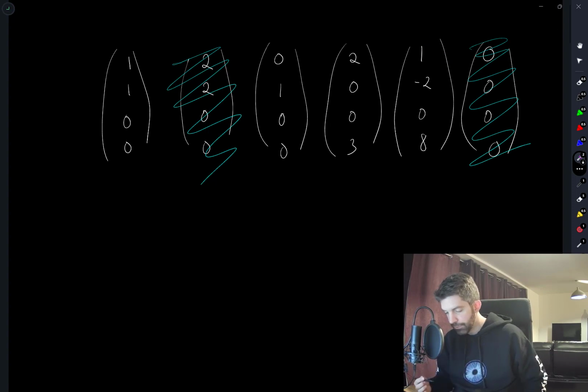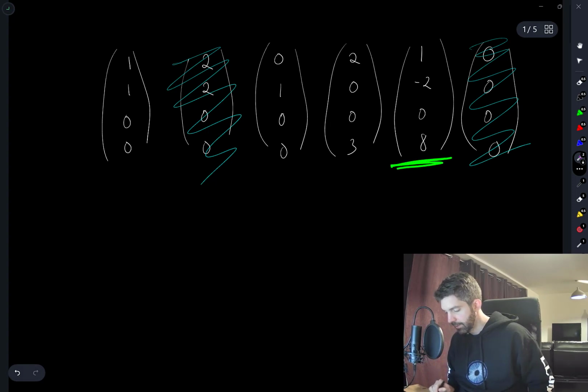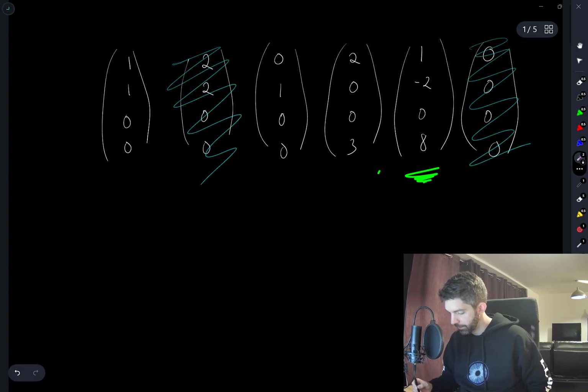And then whatever the result is, I can add some linear combination of that to make the second coordinate a -2. So I can write this vector as a linear combination of those 3, so I can get rid of it.